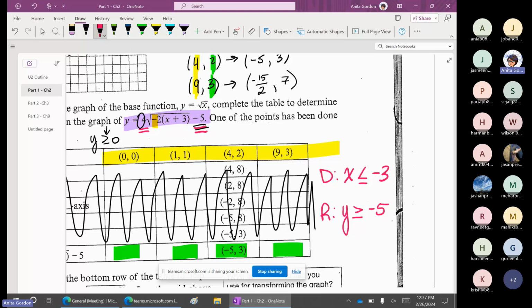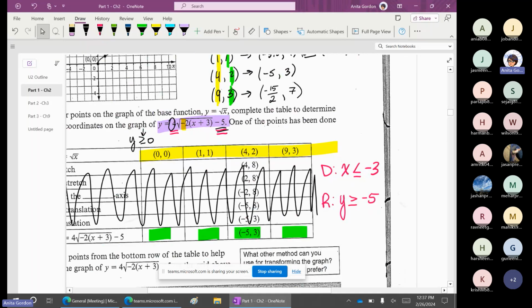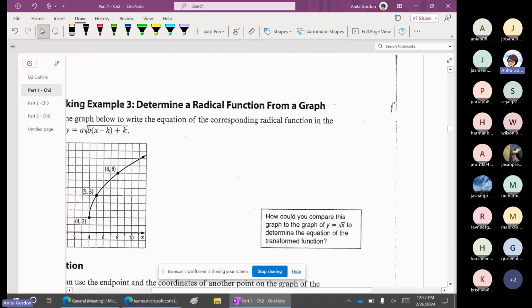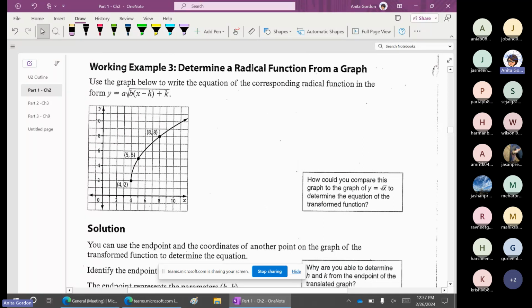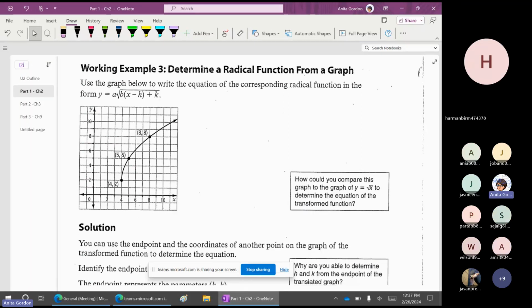Okay, last page. In this section, I give you a picture. I want you to fill in the blanks of the A, B, H, K. Now, we did this a couple of times in the last unit. In fact, you wrote a quiz on it. Here's the difference between this question and the question you did 2 or 3 times before.